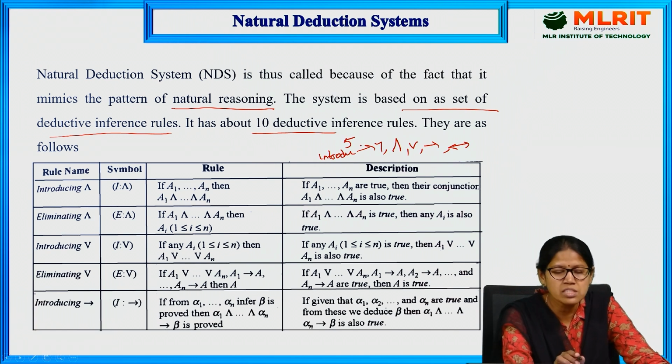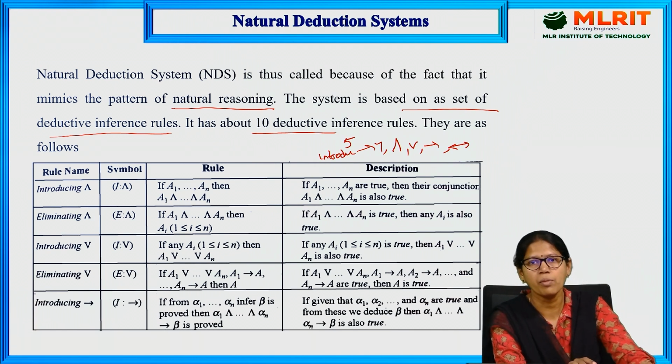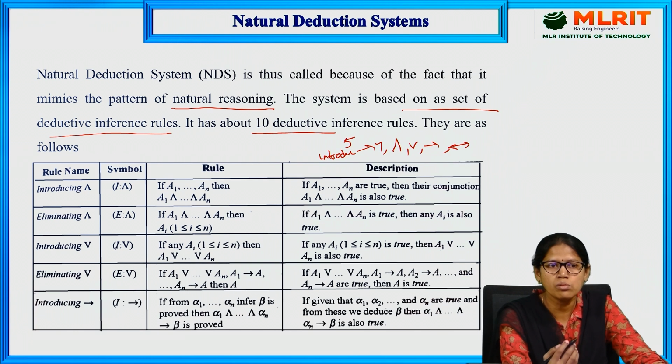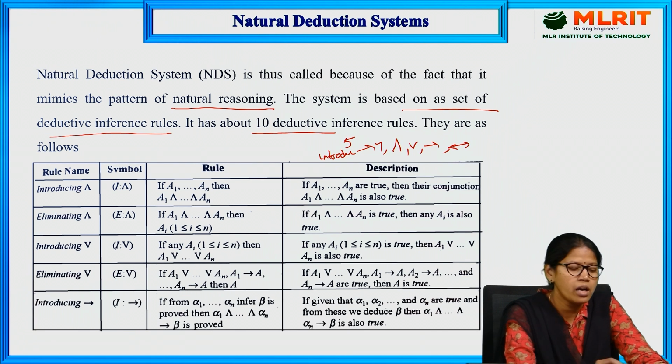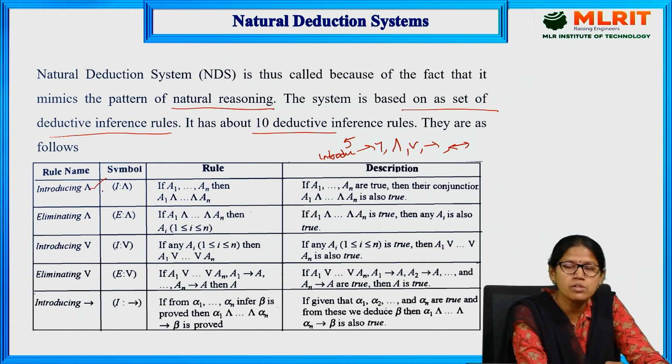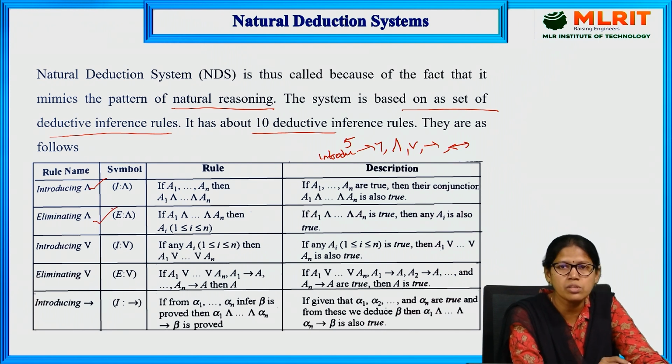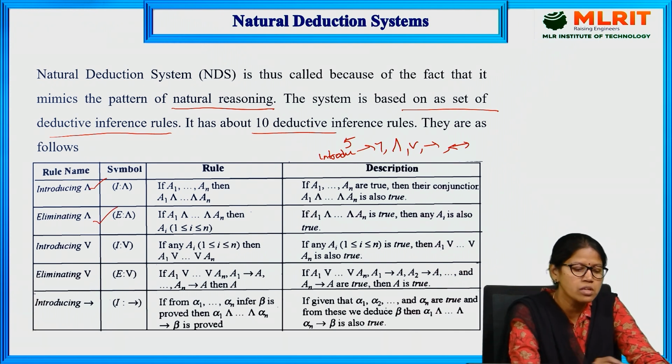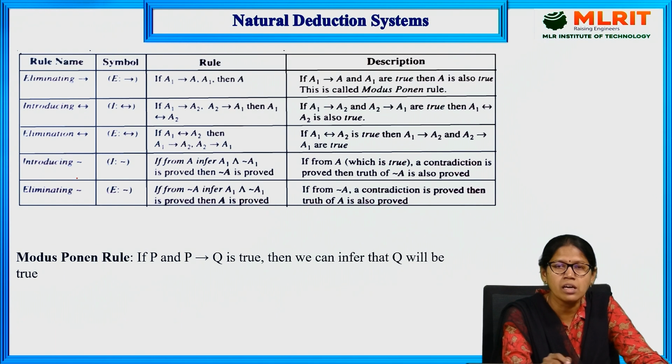So in this natural deduction system, it is all about a hypothesis. To derive some formula, to get a conclusion, we need to assume something, when we need to introduce some connective or eliminate some connective, so that we can draw the conclusion. So these are the 10 deductive inference rules which are used to draw the conclusions.